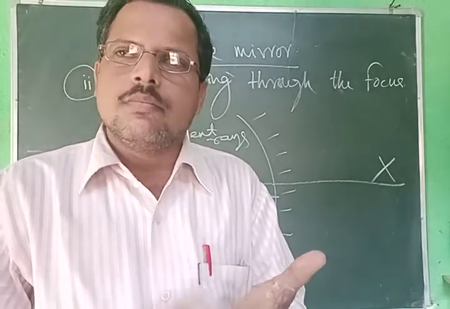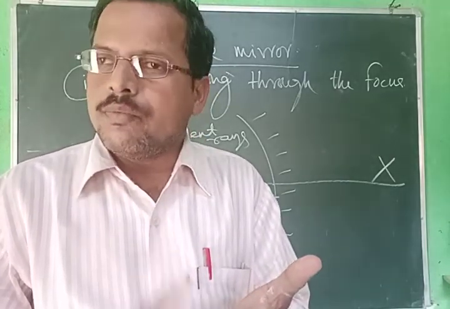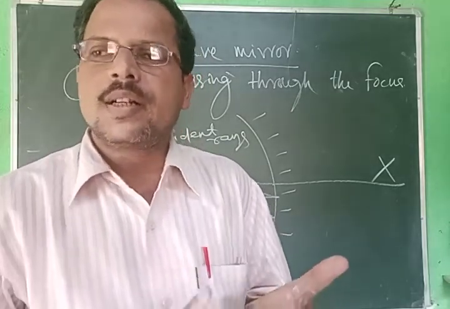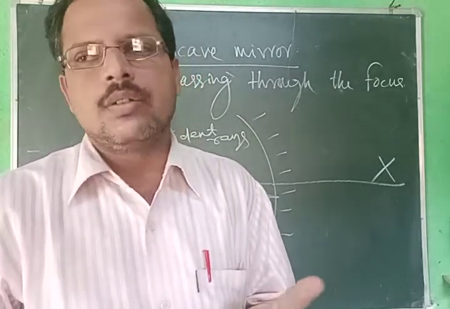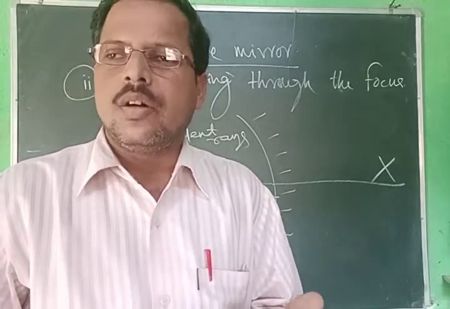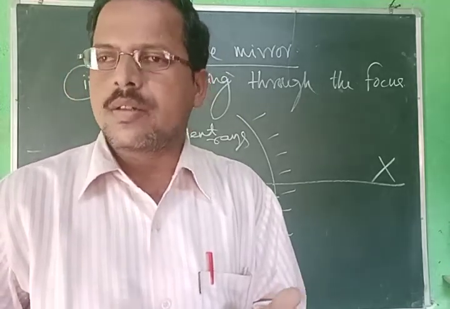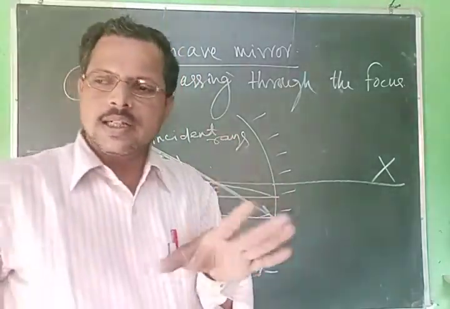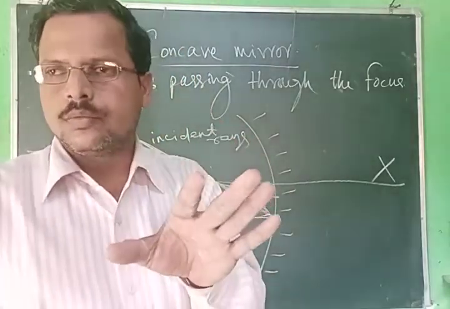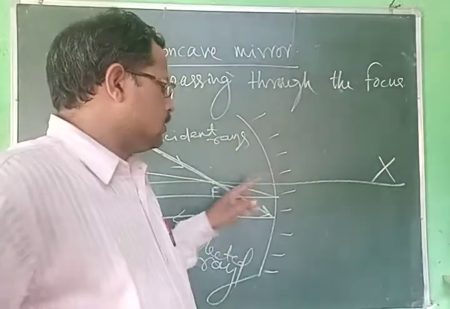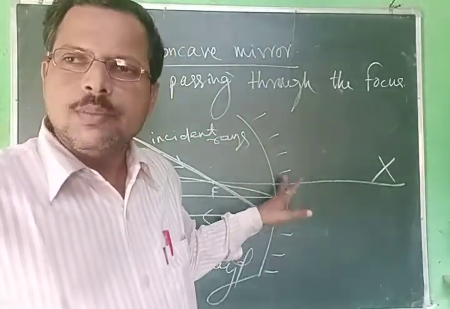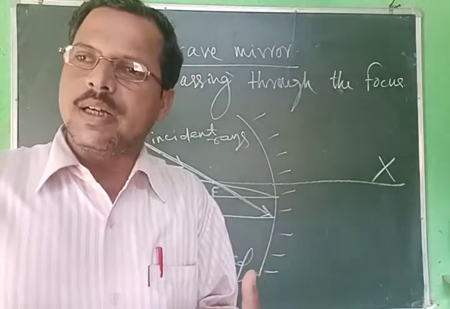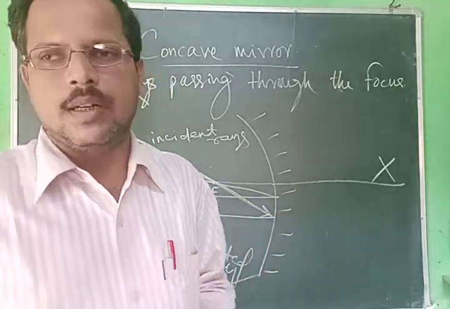Always the law of reflection takes place. How the incident rays are coming and how they are getting reflected, always the laws of reflection take place. So if any incident ray falls on the pole, the angle of incidence will be equal to the angle of reflection, and making the same angle the ray will be reflected. Okay.